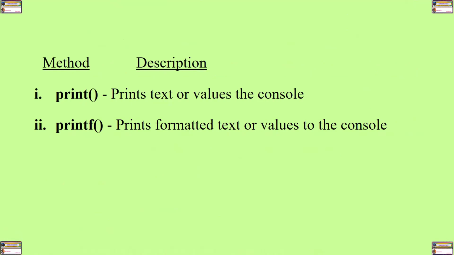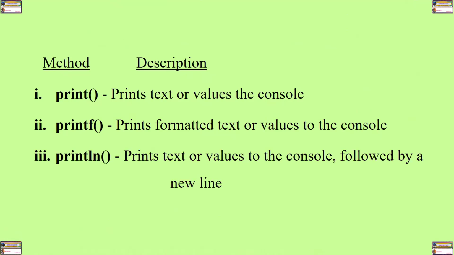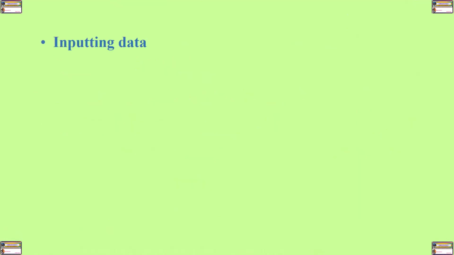It prints formatted text or values to the console. So if you want to format your output, you can use printf instead of println. And then number 3, we have println. What does this function do? It prints text or values to the console, followed by a new line. When I speak about console, I'm referring to the monitor.